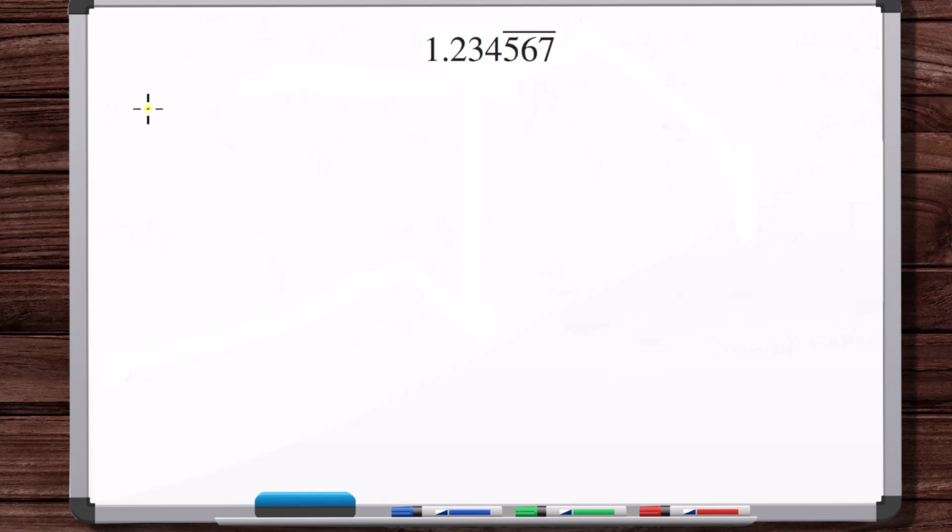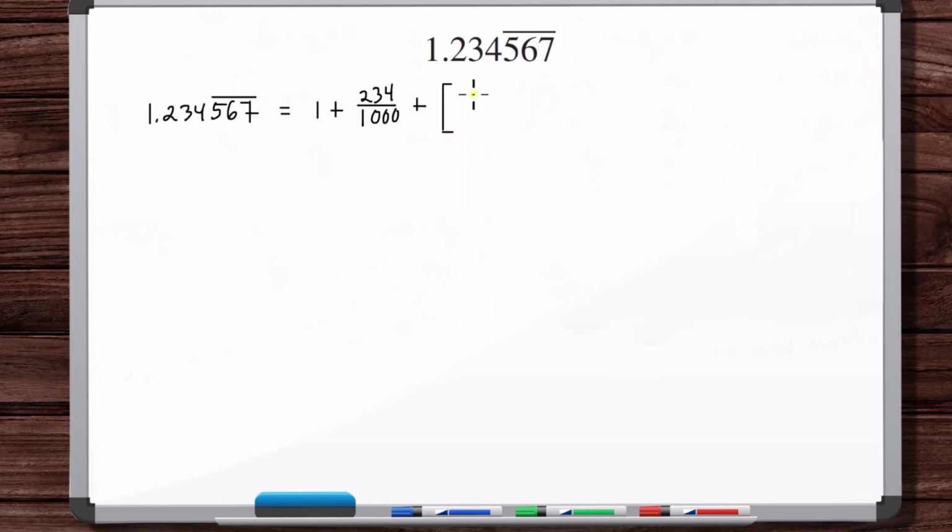Okay, here, the common ratio is going to be 1 over 1,000. And so we can put 1 plus, okay, now here's the infinite sum.